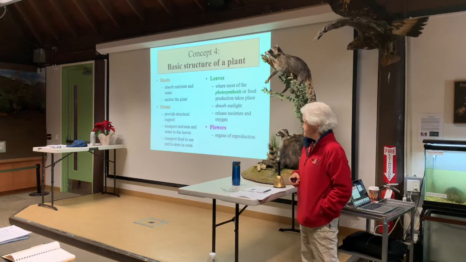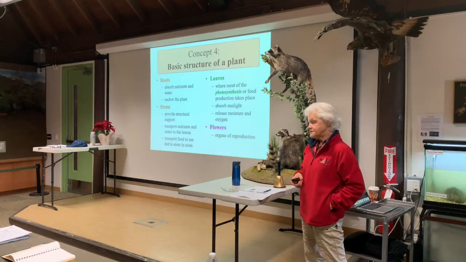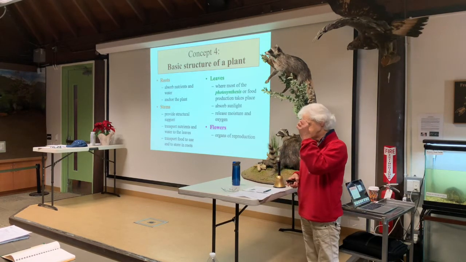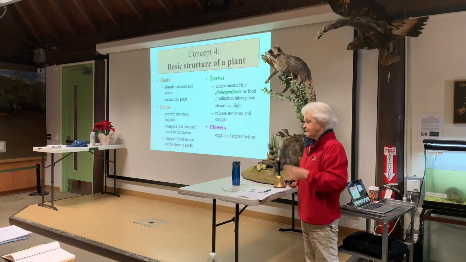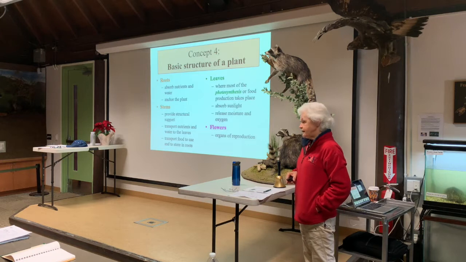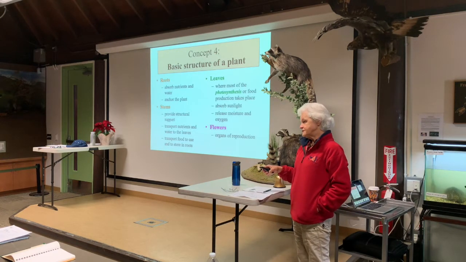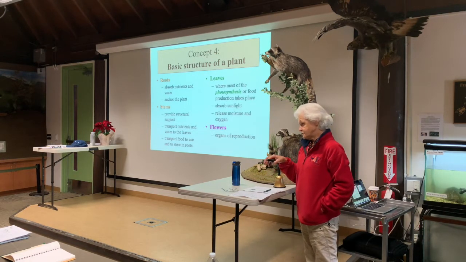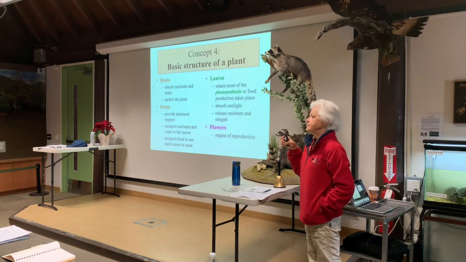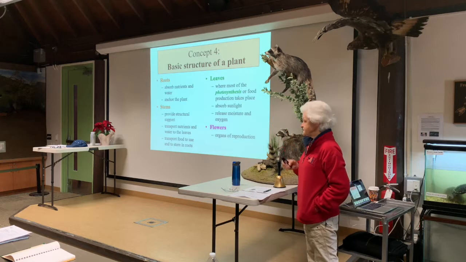Now the stems, they provide structural support. The stems are usually above ground. They transport the nutrients and the water that the roots have absorbed, and they transport it up to the leaves.